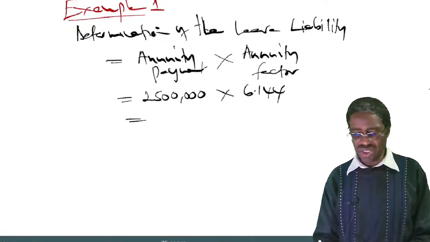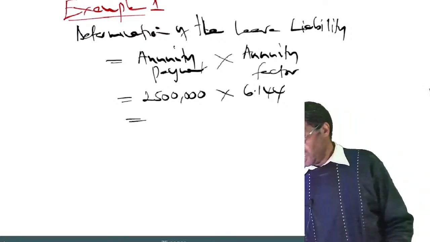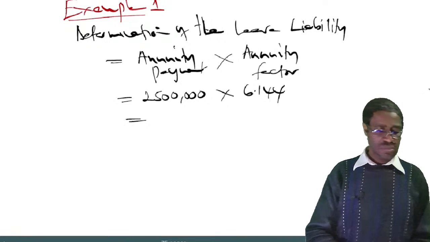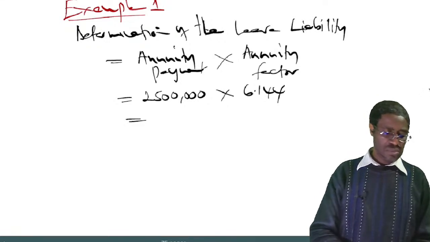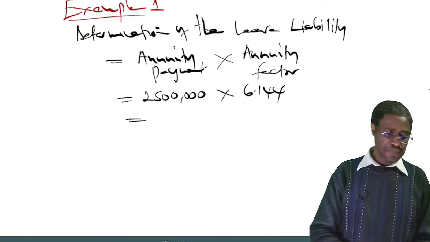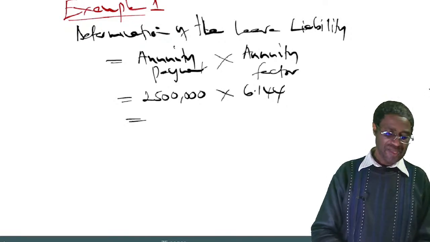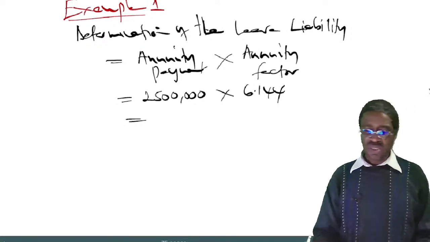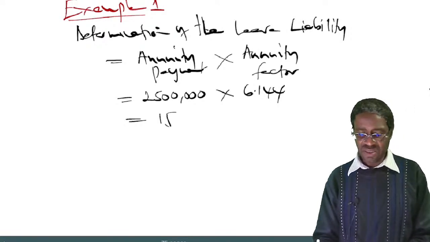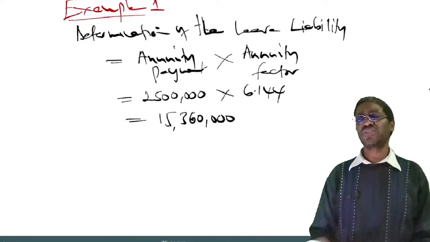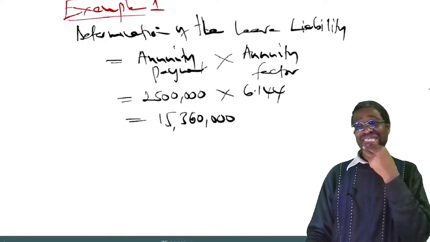What does it give us? Let me calculate it. So we say 2.5 times 6.144. That looks like 15,360,000. Good.